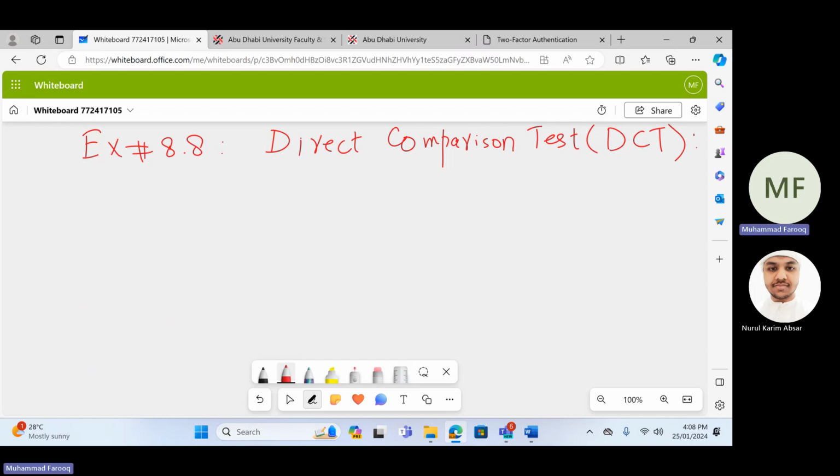The question gives you one function, and we need one more function to make the comparison. So how do we get that function? I'll explain.